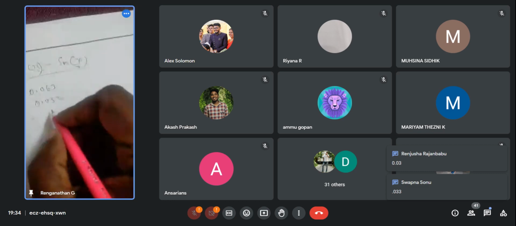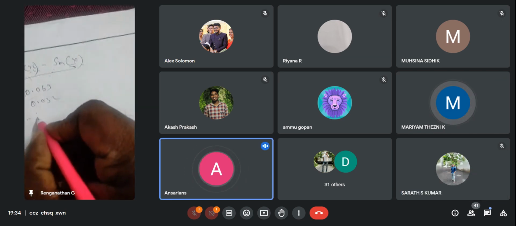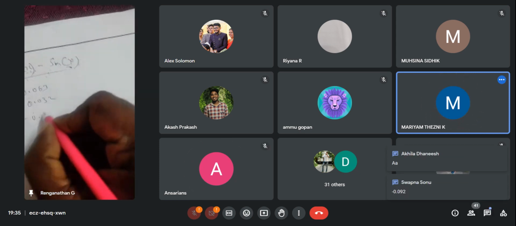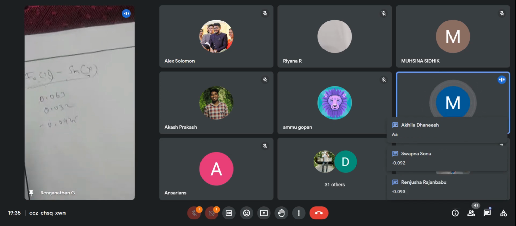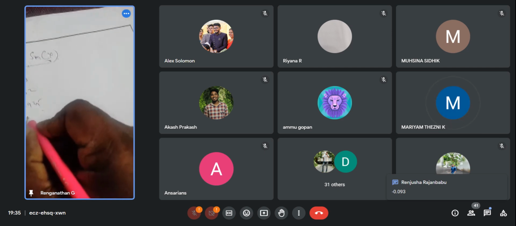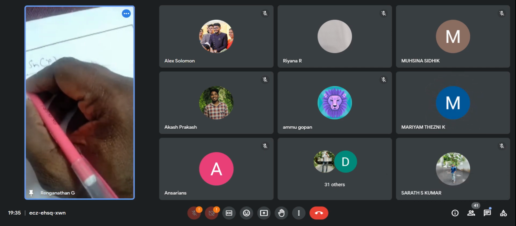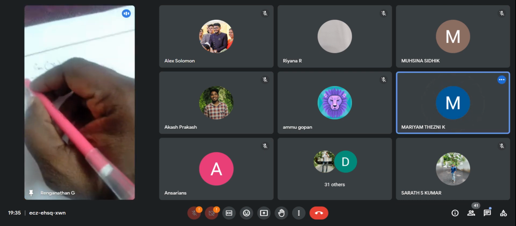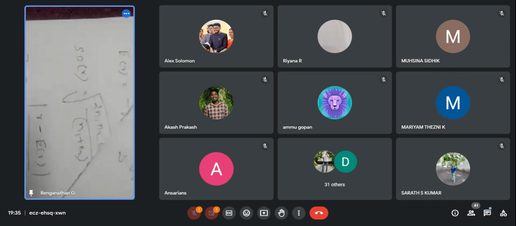Minus or plus? Yes, sir, minus 0.0925. Then 1.25 last. See, F0(x) is taken first and we deduct Sn(x) from that, isn't it?